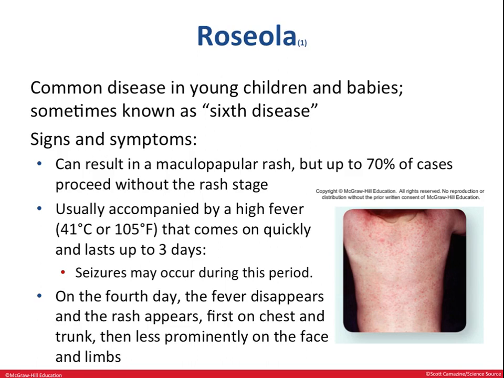Then the fever disappears and the rash appears. The rash first appears on the chest, and it is very rare to get a rash on the face and extremities. So if we find the rash on the trunk, it is Roseola.